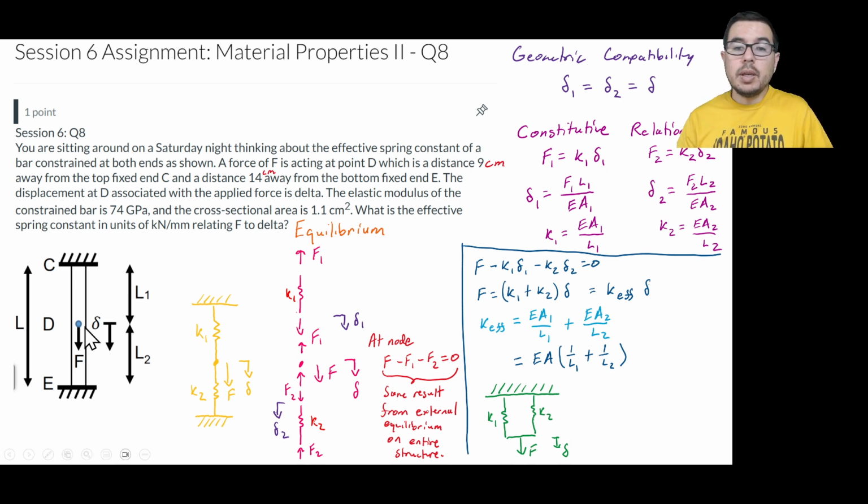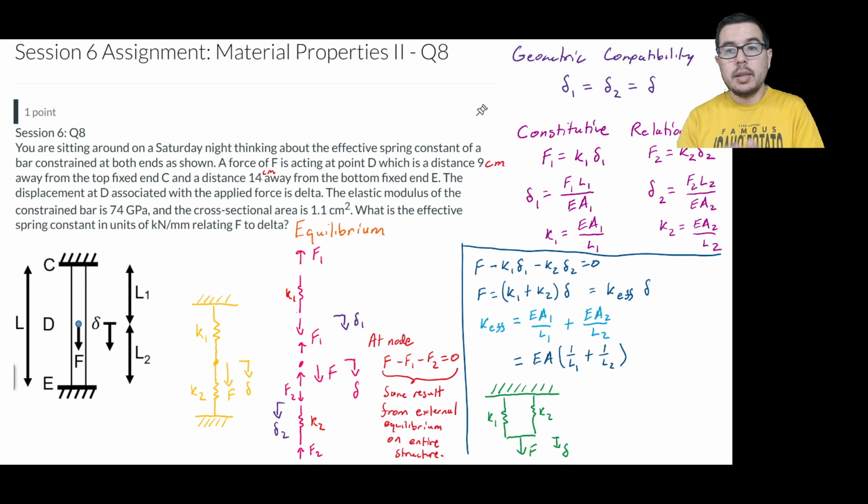But because the displacements of both springs, or the deformations of both springs, are the same, and the forces are different, that's a clue. Those elements are clues that we have springs in parallel.